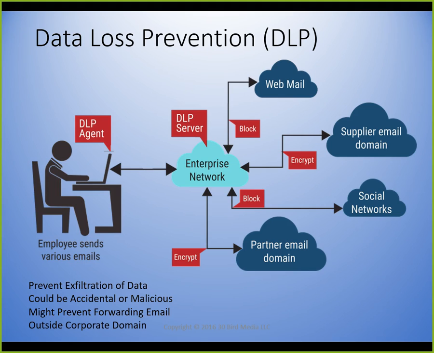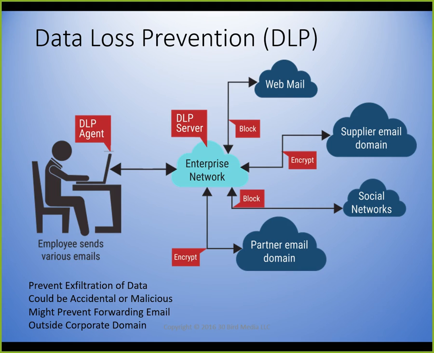And then the data loss server is going to be inside the network, and it's going to check the traffic as it goes somewhere. And over here, the webmail, it's going to block. It's not going to allow you to get to the Yahoo or Google or Gmail sorts of things. The supplier email domain, we're going to allow it to go across the internet, but it's going to be encrypted. Social networks, not a chance. We're not going to allow that.